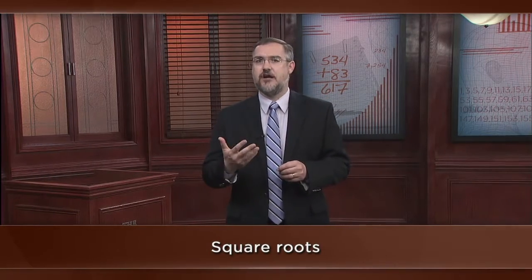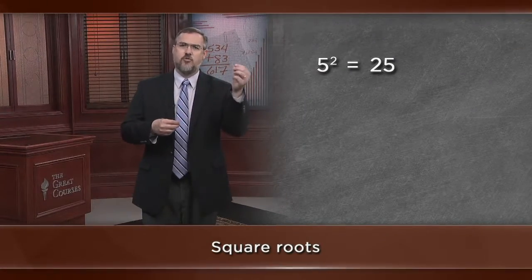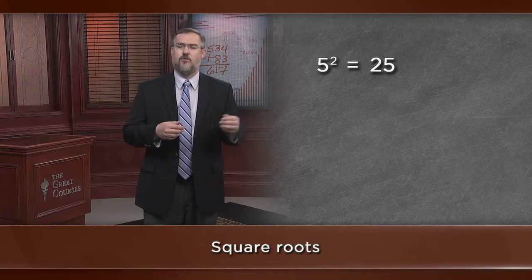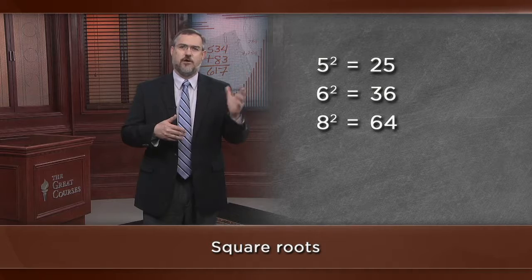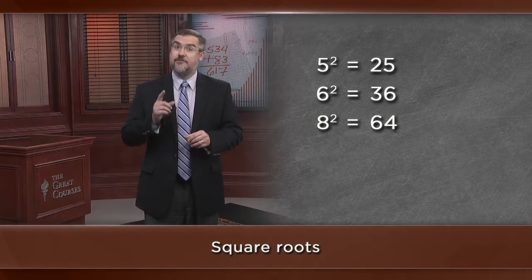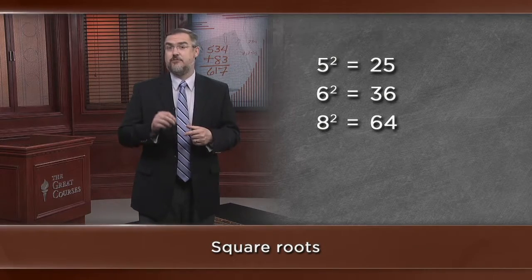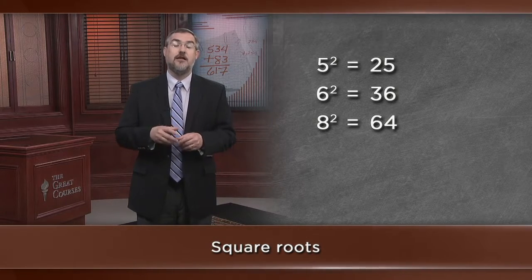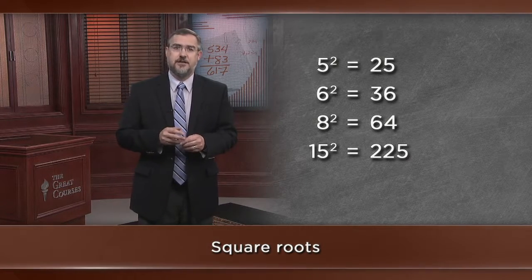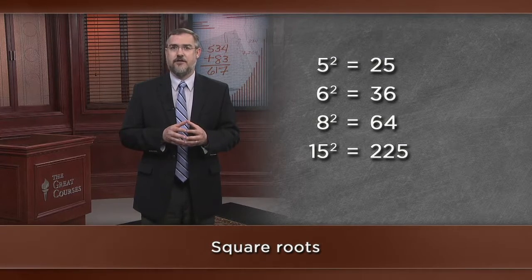And that means that it's going to be really helpful during this lesson to know several arithmetic facts that involve perfect squares, like the examples 5 squared equaling 25, or 6 squared equals 36, and 8 squared equals 64. In fact, I would suggest it would be a wonderful thing if you could memorize all the perfect squares up to about 15 times 15 equals 225.